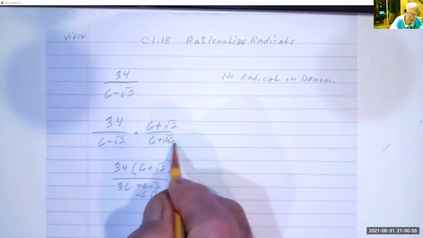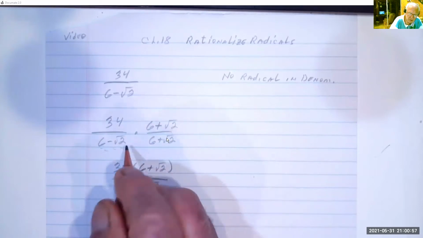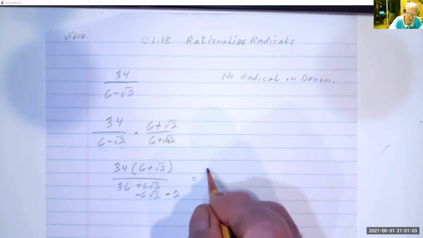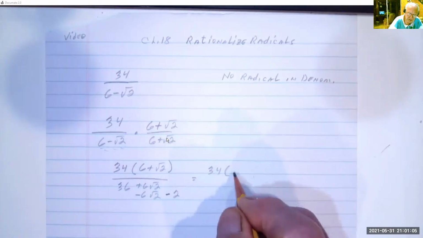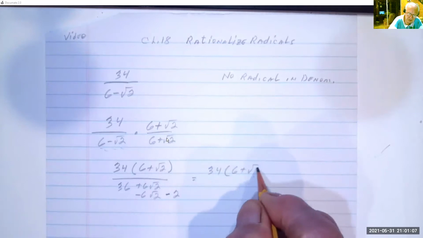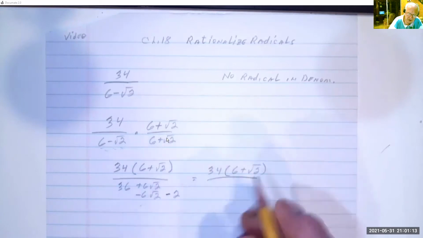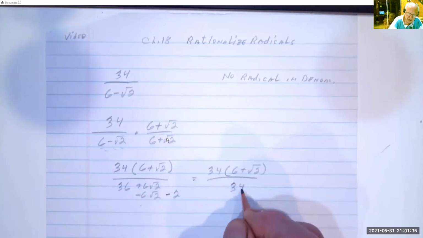And the last terms is a minus. Radical times radical is the radicand. So this becomes 34 times 6 plus the square root of 2. And the denominator is, these cancel, 36 take away 2 or 34.